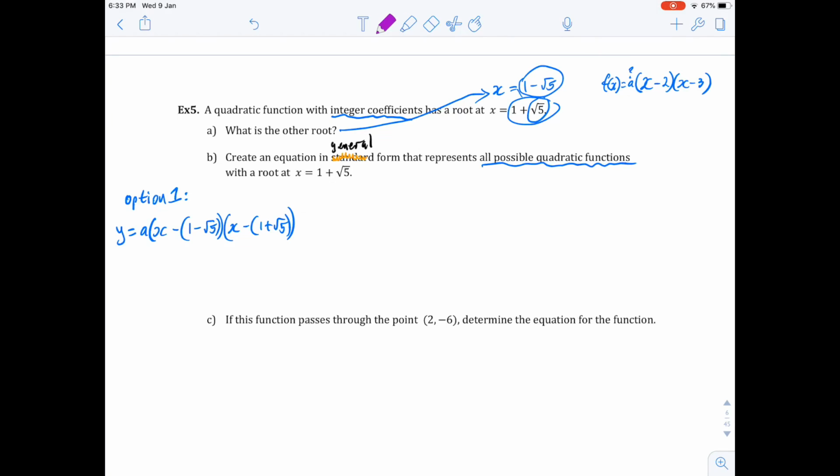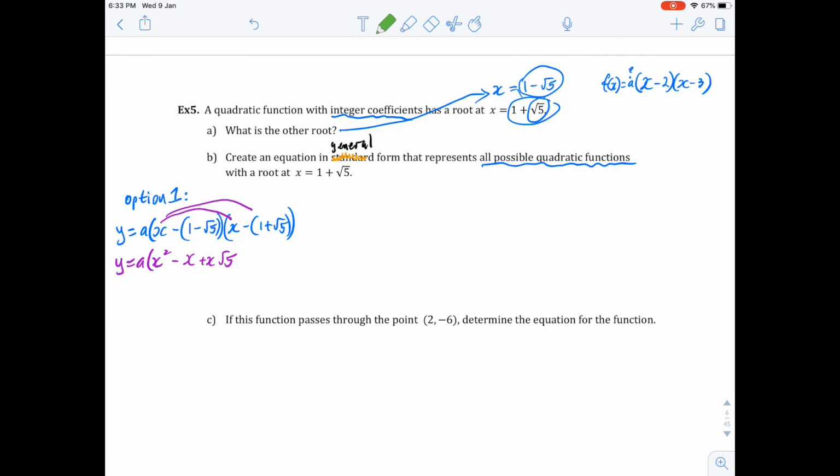A little bit laborious, but just to belabor the point that we do in fact get the same thing. So a equals x squared, and then we're going to have minus x plus x root 5.